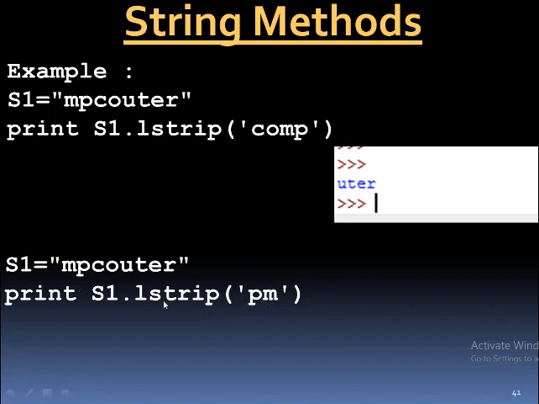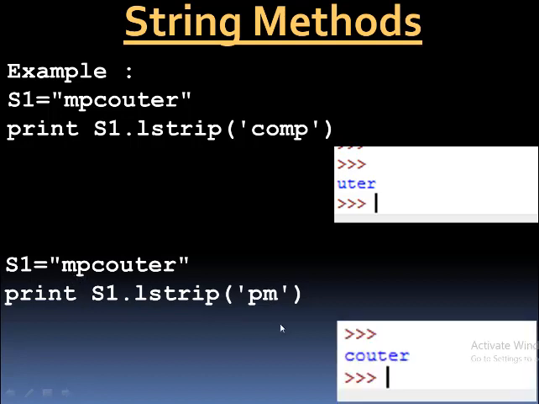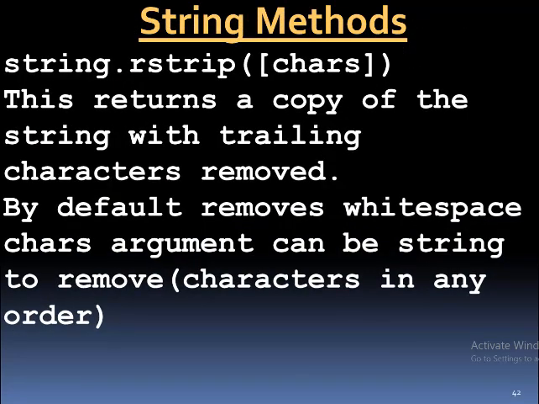So if you write s1.lstrip PM, from the left hand side PM or any combination of PM, or only P, or only M, PM, or MP, any of these four combinations, if they appear on the left hand side, will be removed. So it is here, it will be removed and the answer will be COUTER.